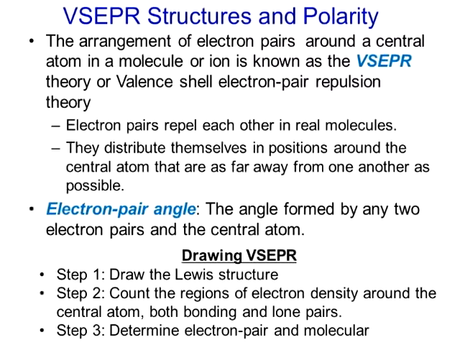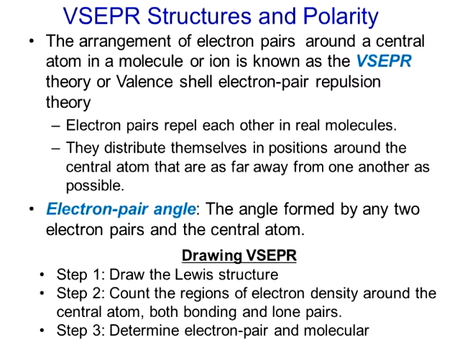And so we're going to look at these VSEPR structures, and we're going to learn more about their structure and how it impacts the properties of different compounds and molecules. Okay? So within VSEPR structures, we talk about the electron pair angle.